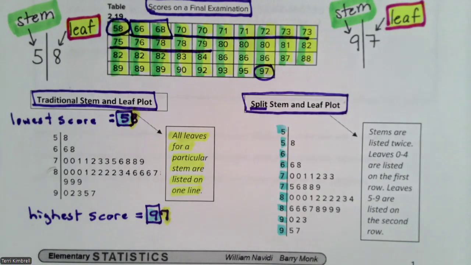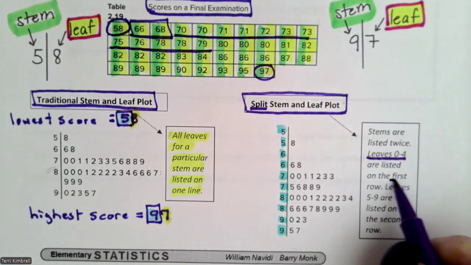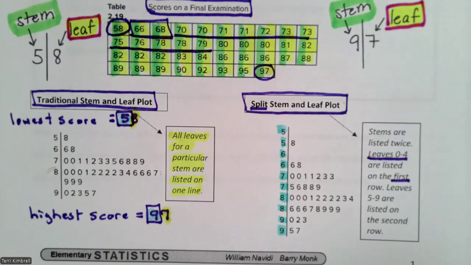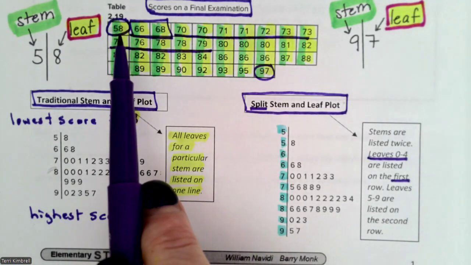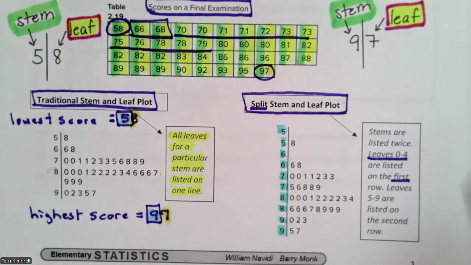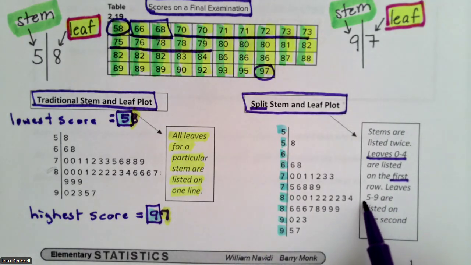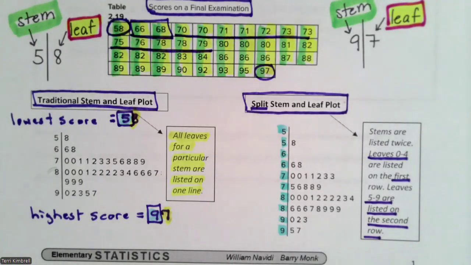Okay. With your split, 0 through 4 is listed in the first row. So notice there is not a 50, 51, 52, 53, 54. The 8, when you go to the second row, those are going to be the numbers 5 through 9.